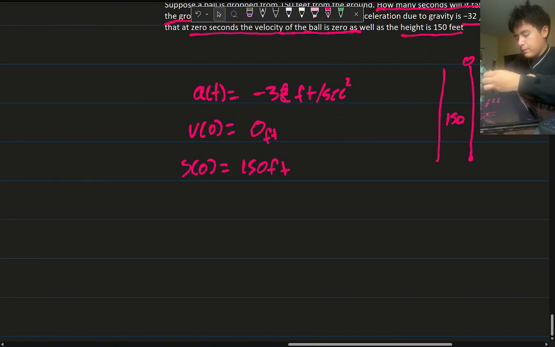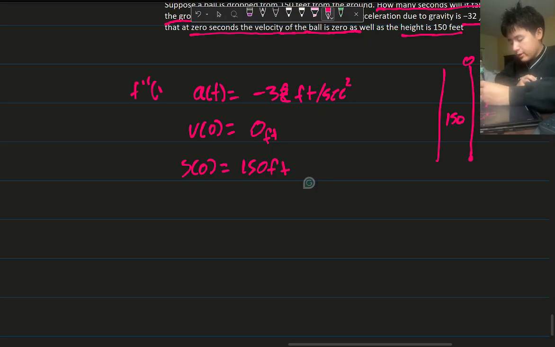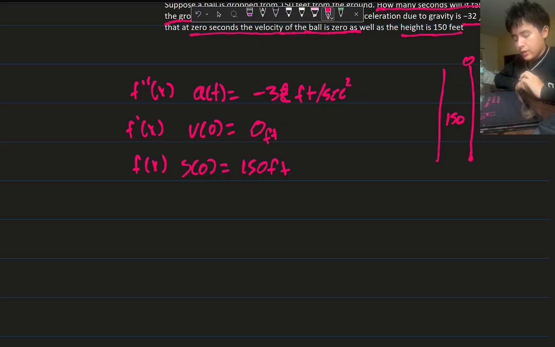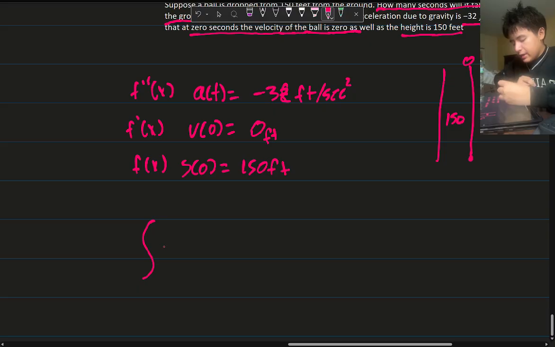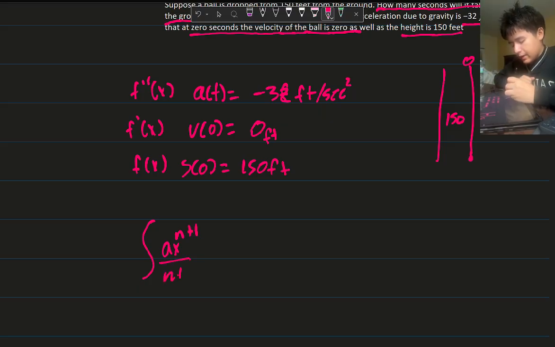If we can't figure out what a, v or s means yet, we can say this is our second derivative, this is our first derivative, and this is our original function. So how can we go from the second derivative all the way down to our original function? We can do that by integration. Integration means, say we have x to a power of n, then x to the n plus 1 over n plus 1.